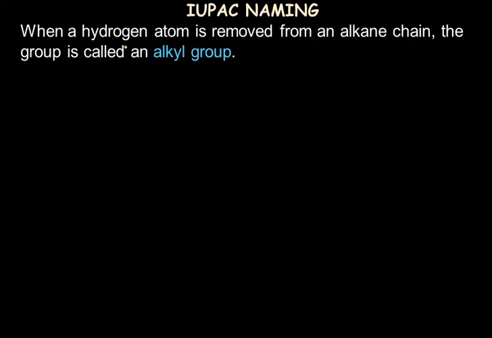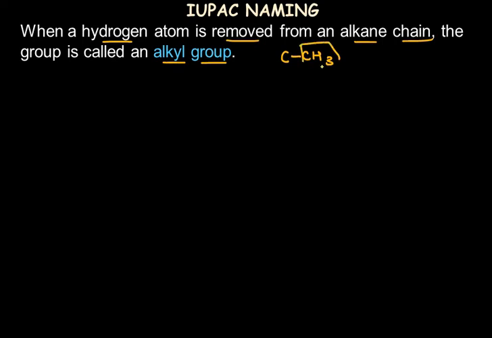When it comes to naming the substituent group, we need to understand one point, that when a hydrogen atom is removed from an alkane chain, then the group is called an alkyl group. Now if suppose an alkyl group is there as the substituent group, then obviously that group is a CH3 group, because here it's bonded to some other carbon.